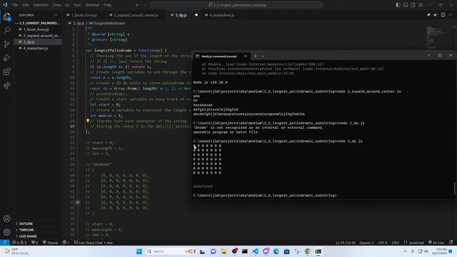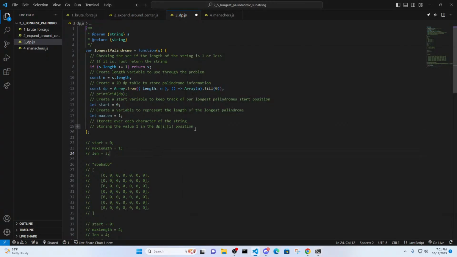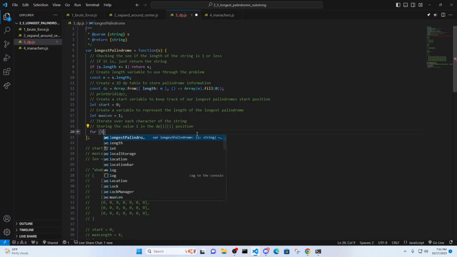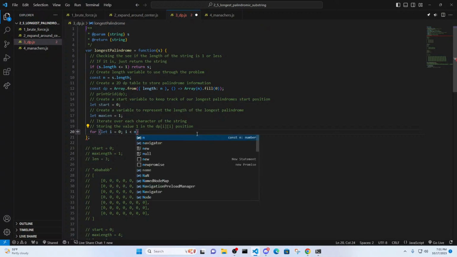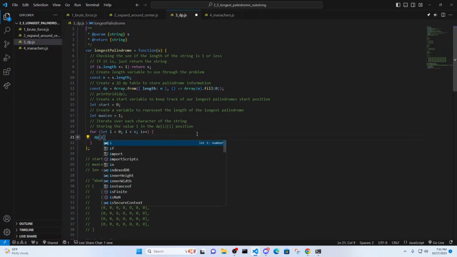So after this for loop, we're going to have a 1 in the 0 0 position, a 1 in the 1 1 position, a 1 in the 2 2 position, a 1 in the 3 3 position, a 1 in the 4 4 position, 5 5, and 6 6, because we're literally just iterating over the string. And so we'll do for let i equals 0 while i is less than n, i plus plus, and then we'll just do dp[i][i] equals 1.